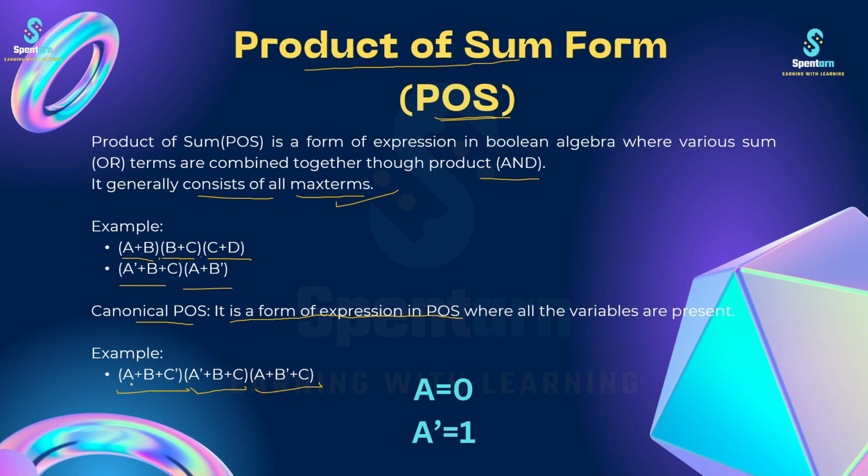We can see here A plus B plus C bar. That means we have A, B, C, three variables here, and similarly in the next we have three variables, and similarly three variables A, B, C are being multiplied together. It will form the POS form, right?